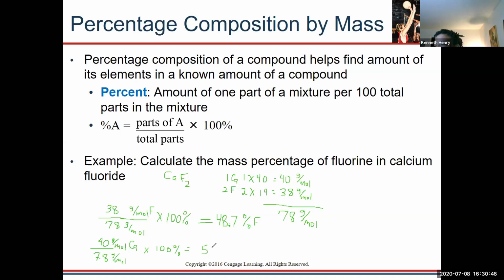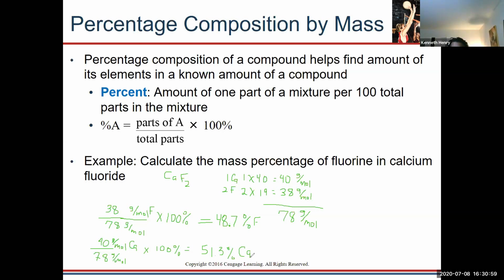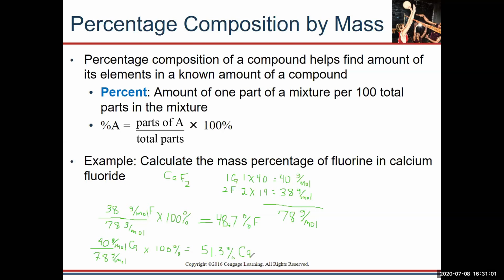So what is this number? 51.3? Is that correct? Yes. Piece of cake. I like this one. It's easy.